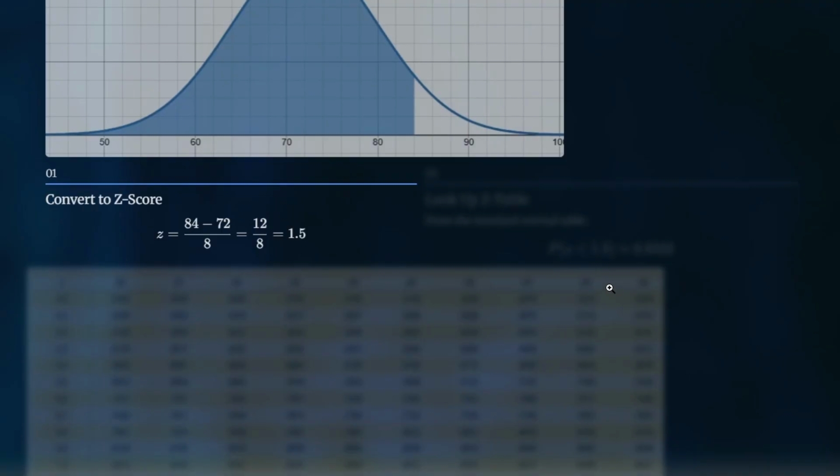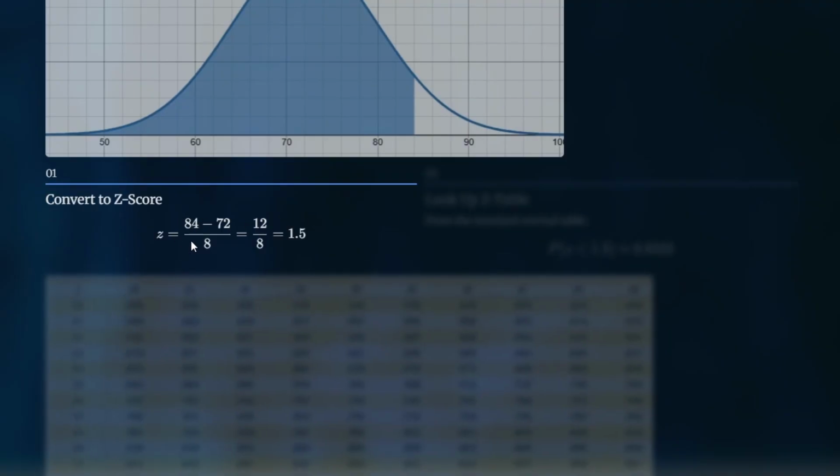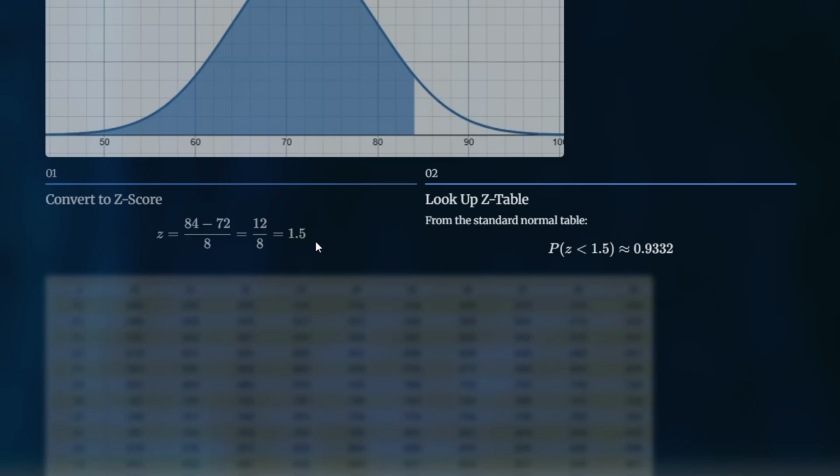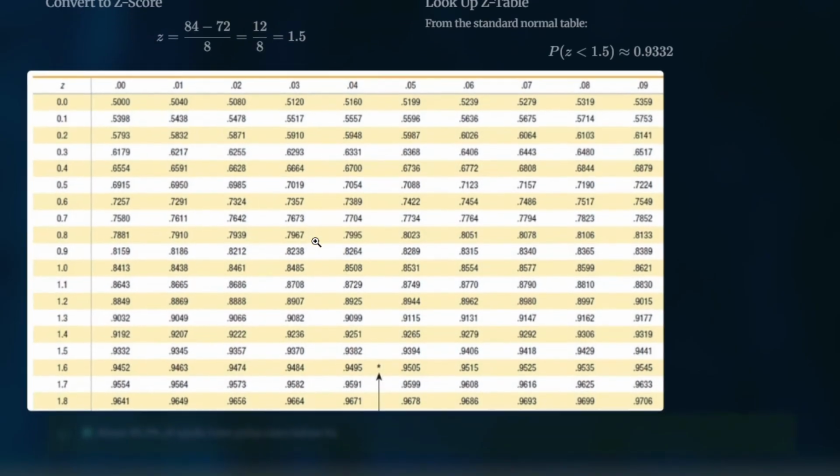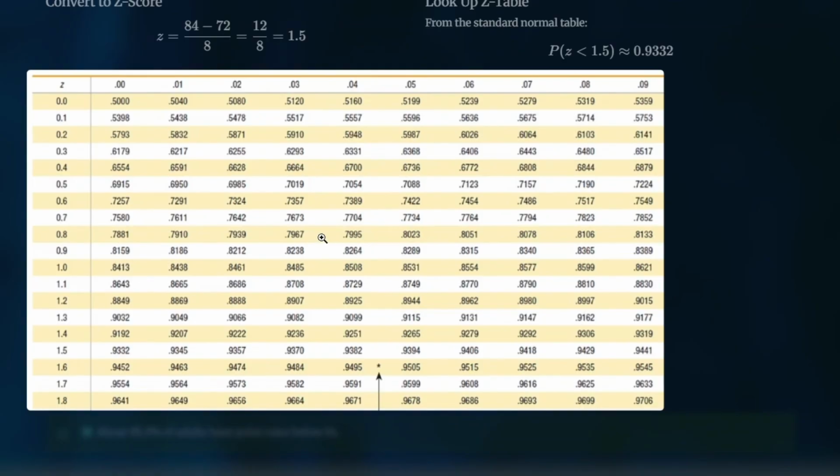So the first thing we will do is convert that value of 84 to a z-score. Z will be equal to 84 minus 72, that is our mean, divided by 8, which is our standard deviation. So that will be 12 divided by 8, which is 1.5. Then we'll need to look up the z-table to find the probability that z is less than 1.5.